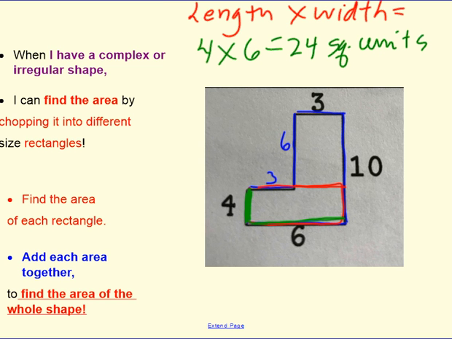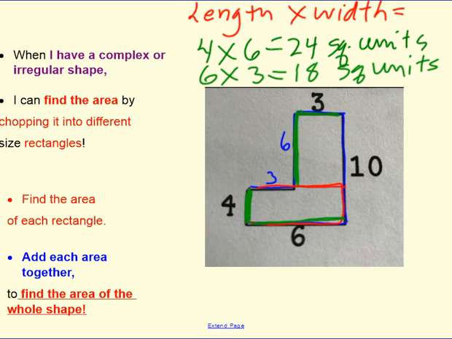Now I need to find the area of the rectangle on the top, but I need to be careful because once again I need the proper side length. So I have 6. This is the length of that rectangle, and then I have my width of 3. 6 times 3, which equals 18 square units.